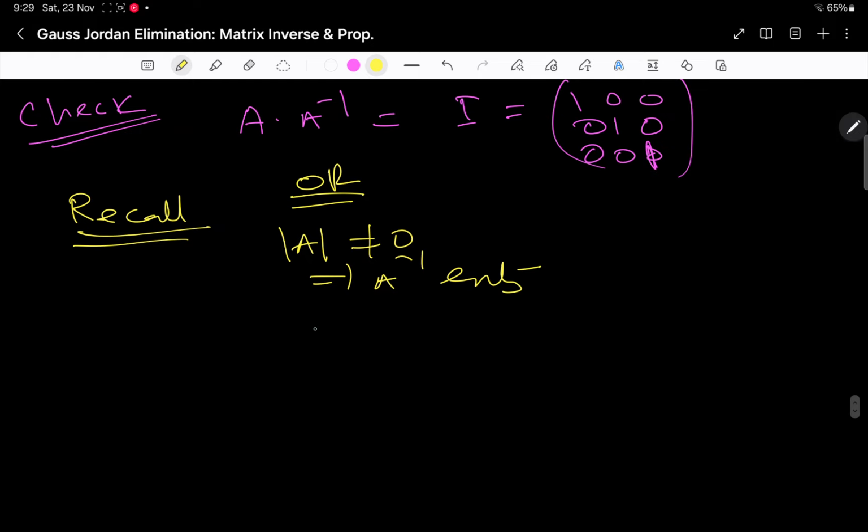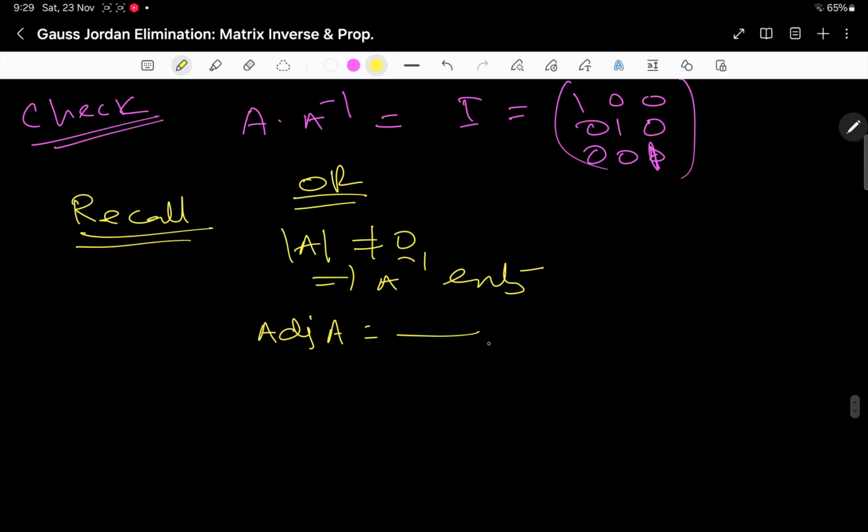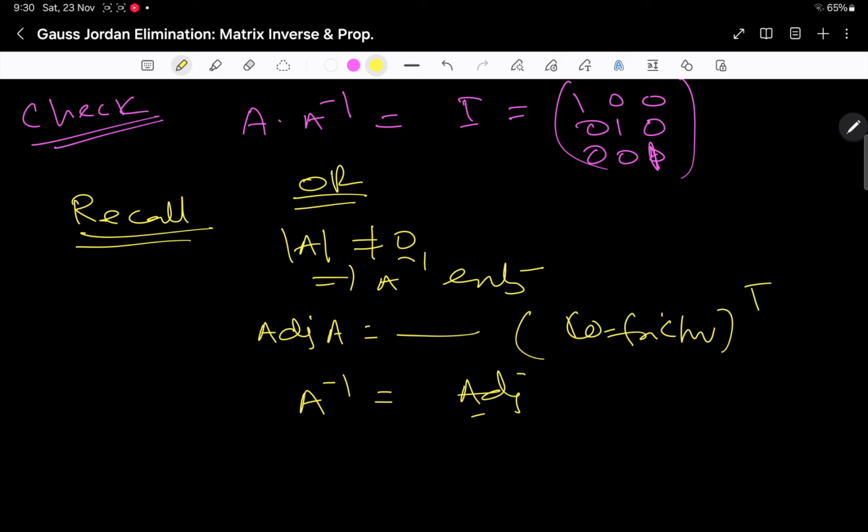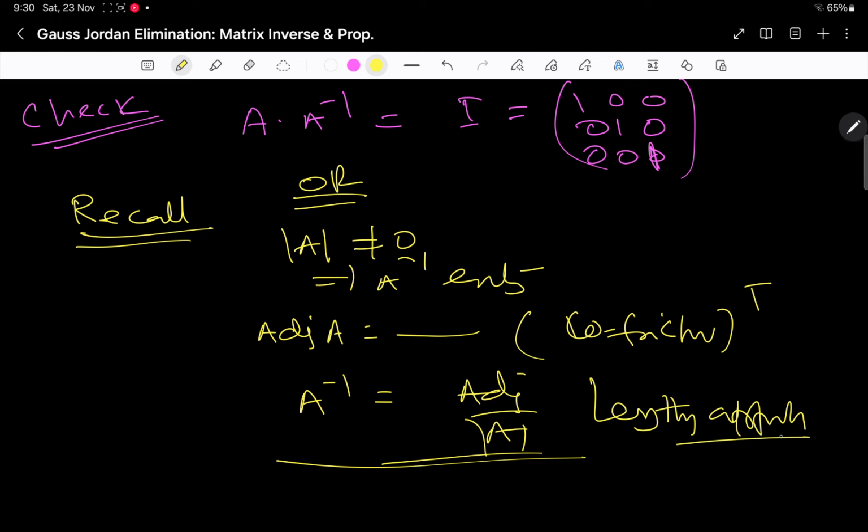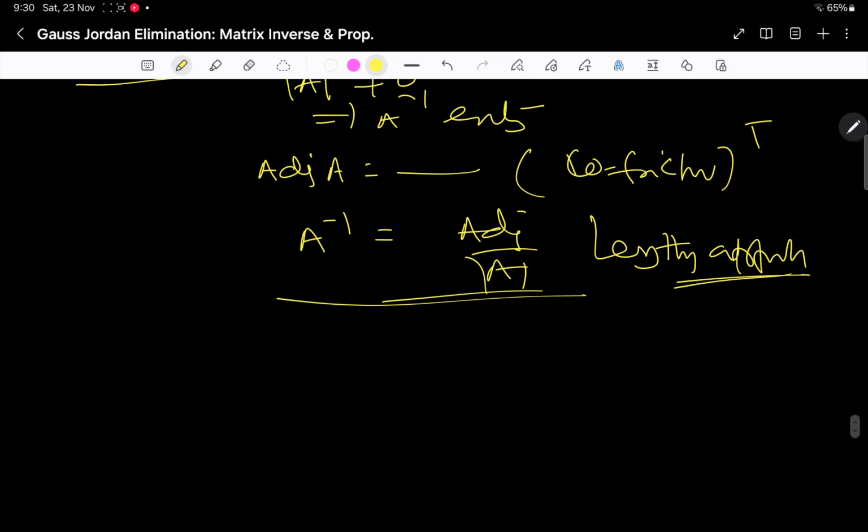Then you have to find the adjoint of A, which is the transpose of the cofactor matrix. Then your A inverse is adjoint A by determinant of A, but it will be a lengthy approach.